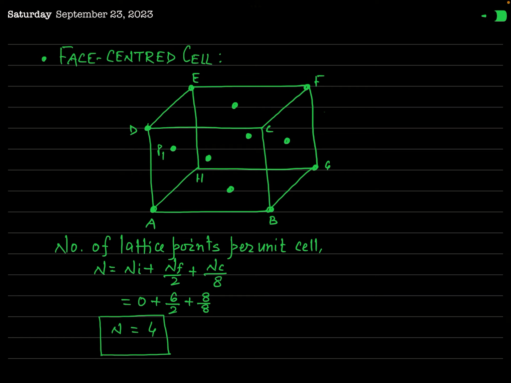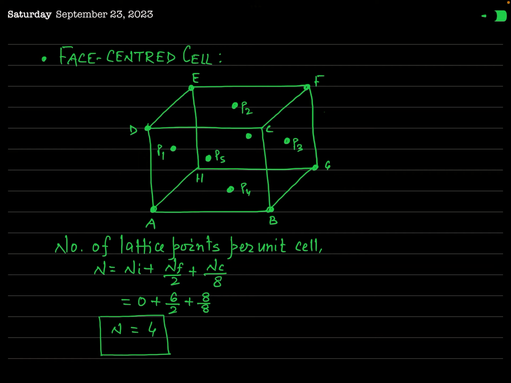Another face is CDEF, and at the center of this face there is a lattice point at point P2. Again, you can see there will be a lattice point at P3 and at P4. And apart from that, the center of the face ABCD, see the figure, is at, let us say, point P5, and here there is also a lattice point.